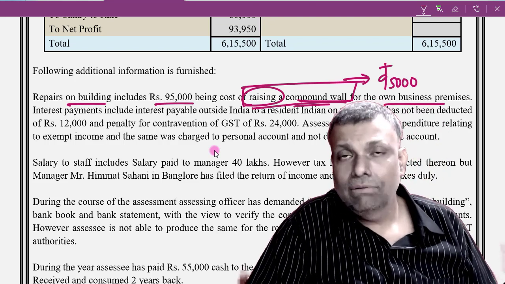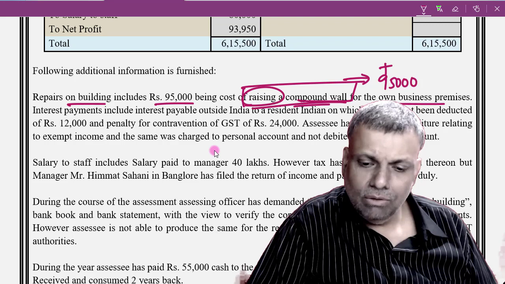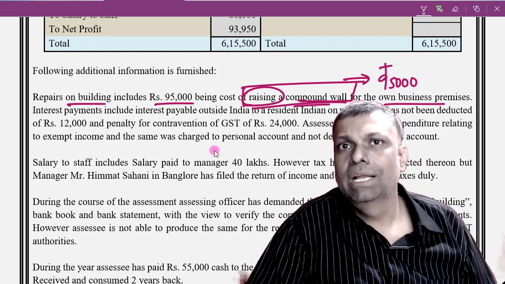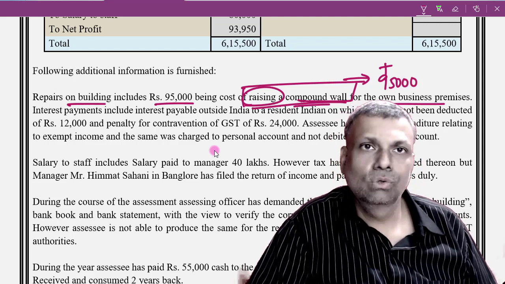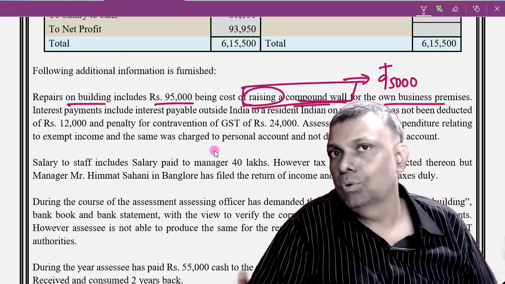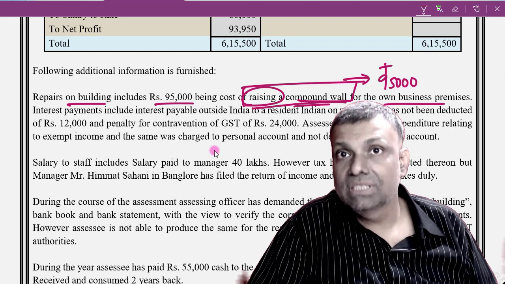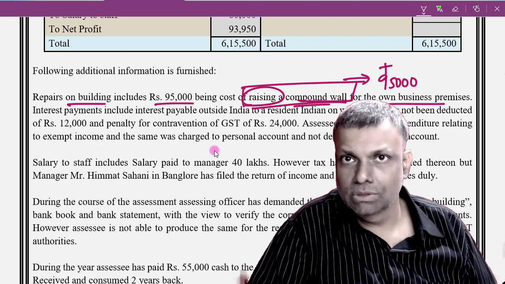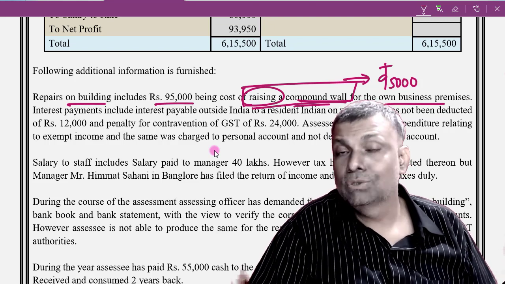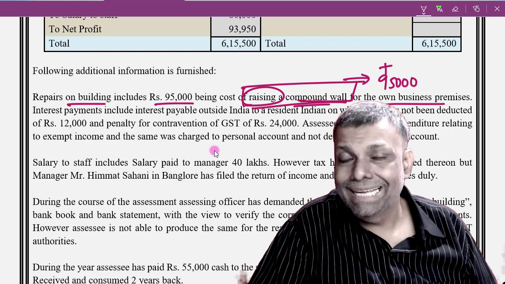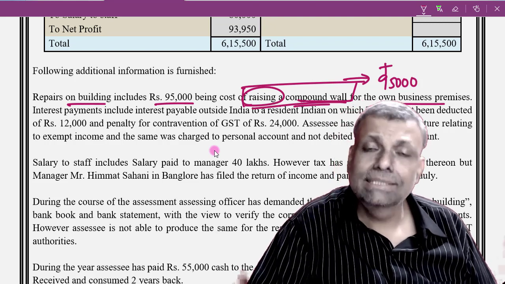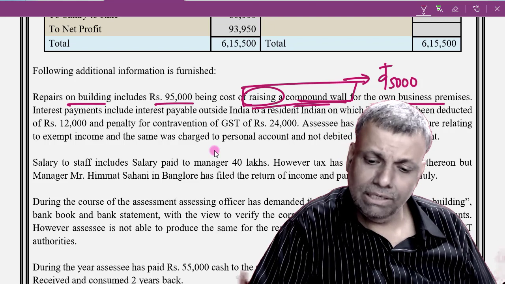However, in this particular question, depreciation on building and all that is not given. Because if you are going to add the cost of 95,000 to the building, then the appropriate depreciation on that 95,000 also should be allowed as a deduction. Naturally, because to that extent the block will get increased. Now the block data is not given very clearly in the question.